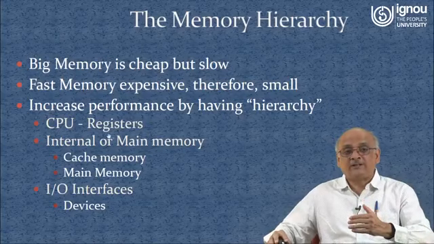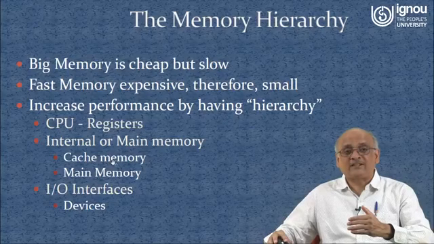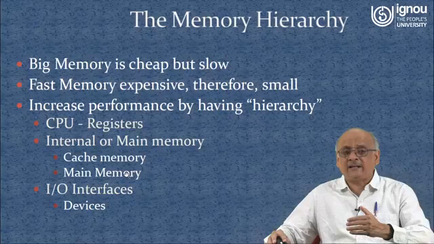So between the CPU registers and main memory, we have a memory called cache. Cache is basically a small memory, but as we discussed last time, the principle of locality ensures that all the references of instructions and data will technically be to main memory, however they will be fulfilled by cache memory.